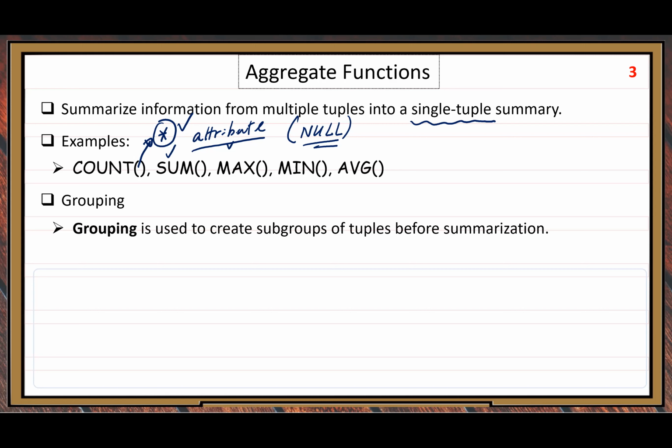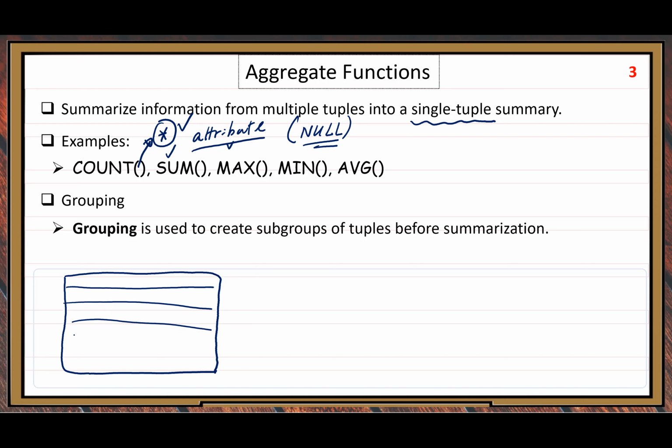Here, let me draw a diagram. Actually, this way is very useful, so let me describe this grouping way. All right, suppose we have a table like this, with many rows inside this table.